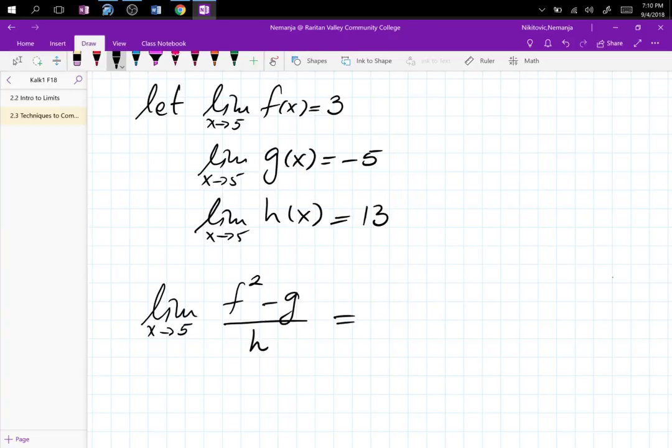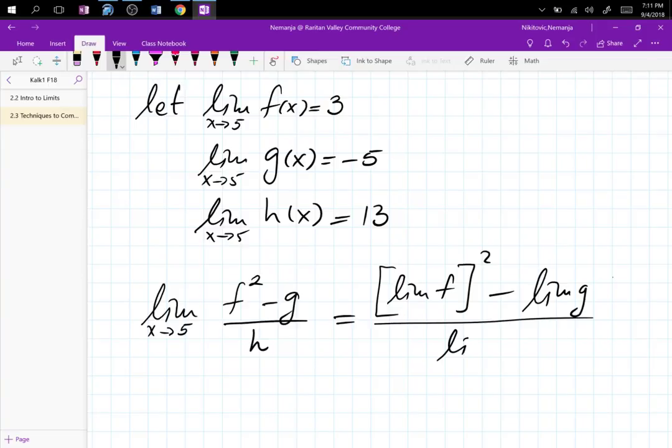Well, if you pay attention during the limit laws, you immediately know what you can do. This limit can go in front of every function, keeping the form of the problem intact. So I have the limit of f squared minus the limit of g divided by the limit of h. And each one of these has x going to 5.